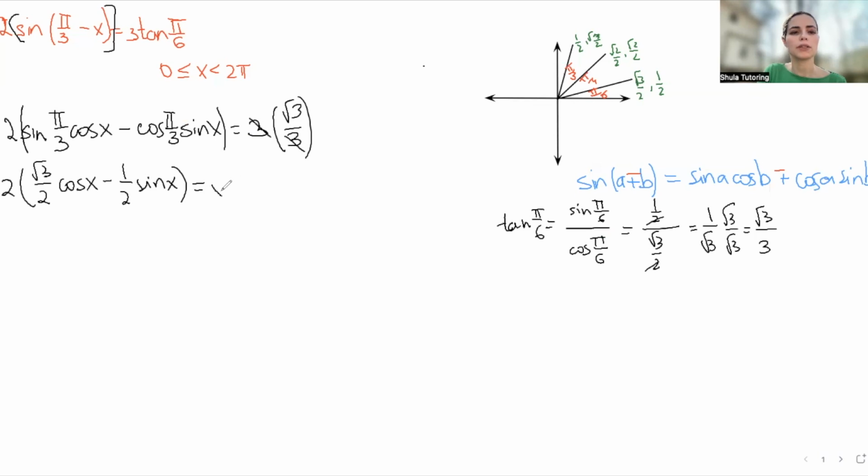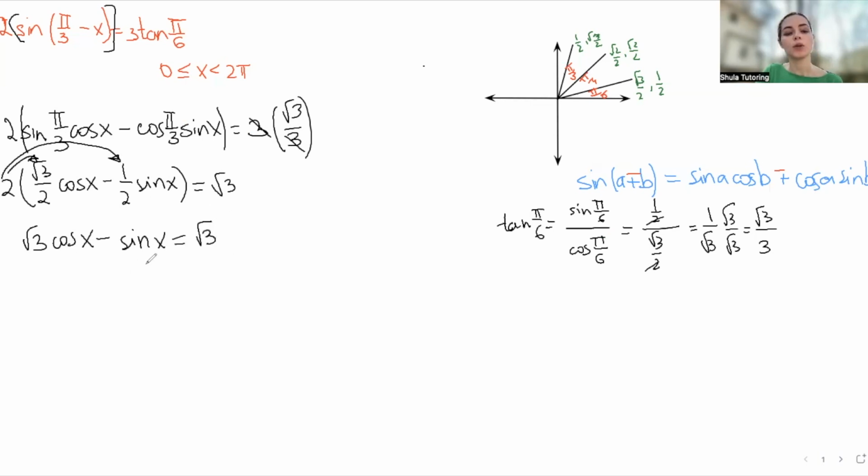So we're left with square root of 3. So now we can just distribute the 2, right? We multiply both terms inside the parentheses by 2. So we are left with square root of 3 cosine x minus sine x is equal to square root of 3.